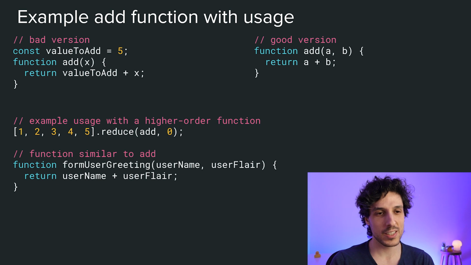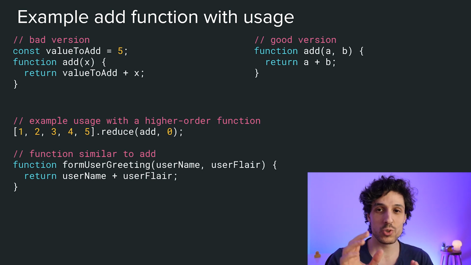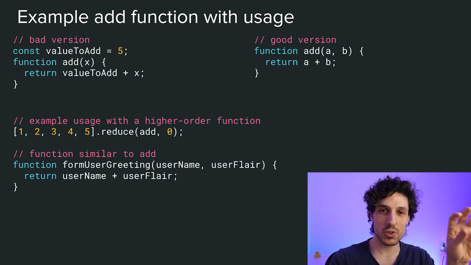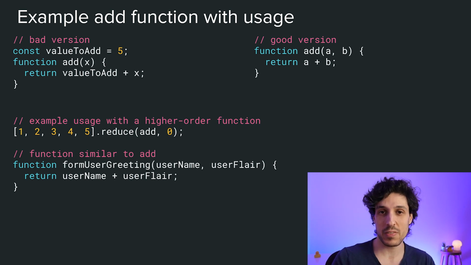The point is that you very well may have functions that are like add. For example, consider that you might have a function named formUserGreeting, which accepts a username and a user flair, and all it does is add them together. So it's basically the add function with a different name for the parameters and the function name, but it's exactly the same. So you may very well have functions like these.